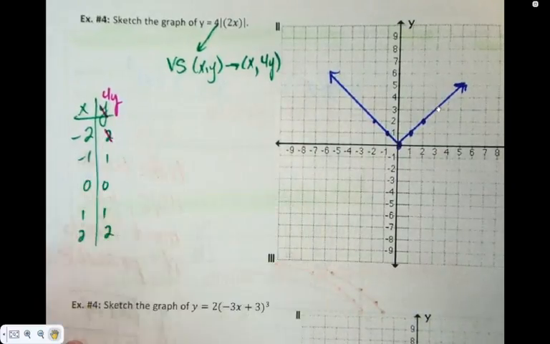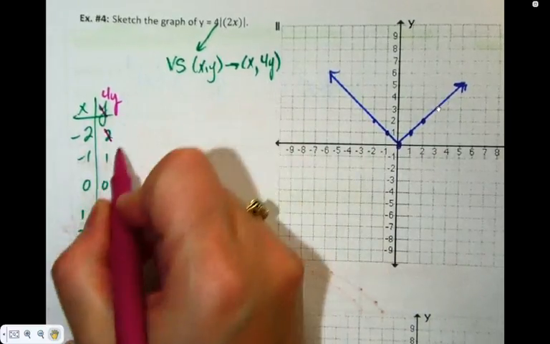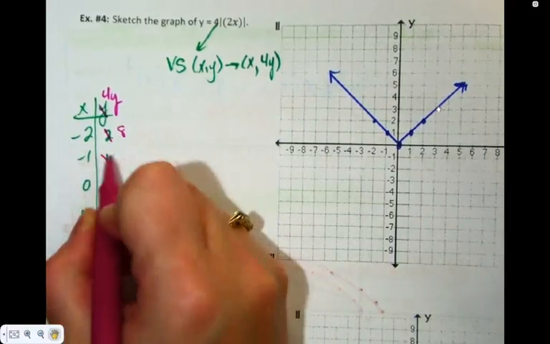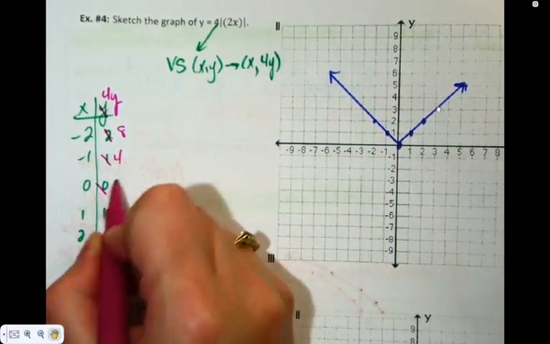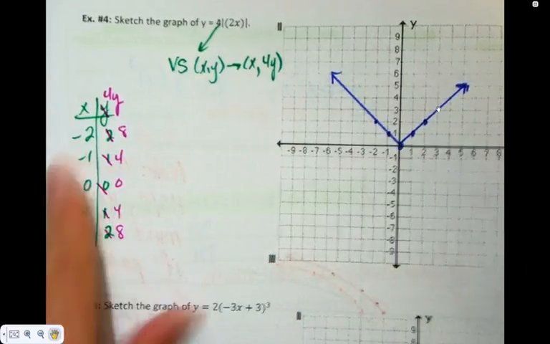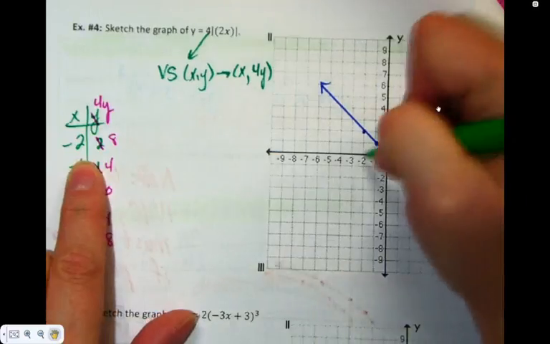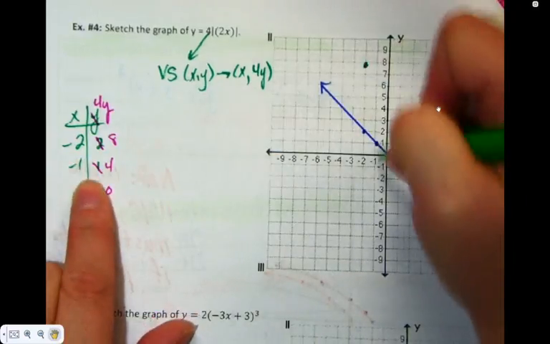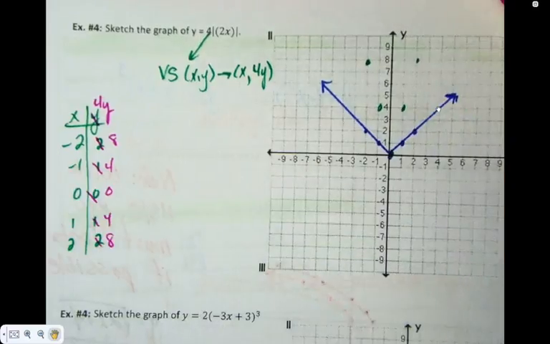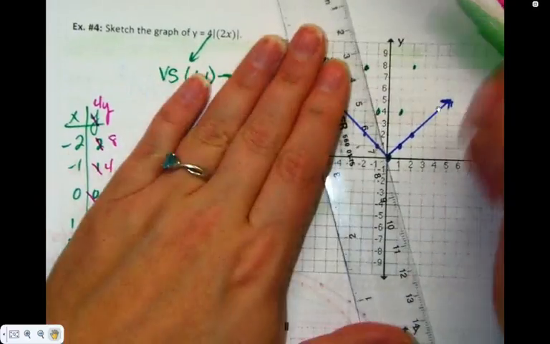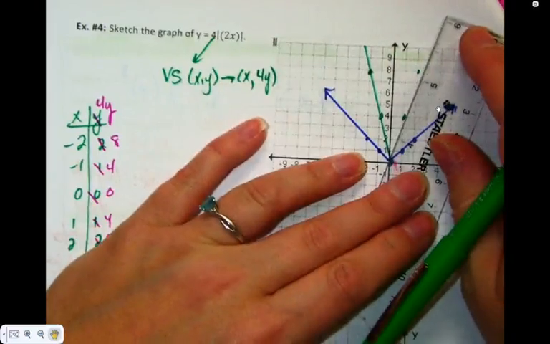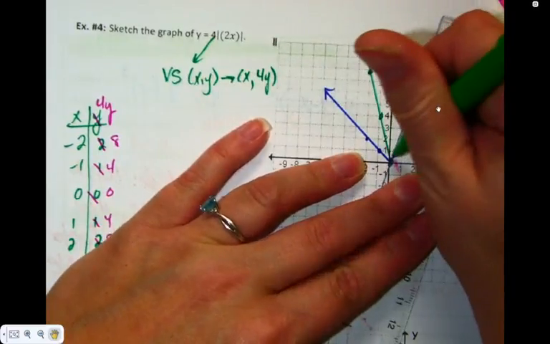So 2 becomes 8, 1 becomes 4, 0 becomes 0, and 4 and 8. And then I'm just using the original coordinates, so -2, 8, -1, 4, 0, 0, 1, 4, 2, 8. I like the absolute values because to me it's really easy to see we've yanked this thing upwards.